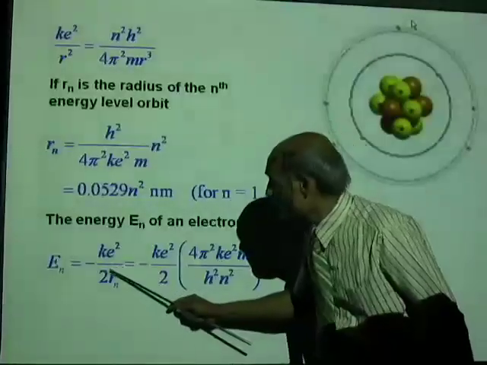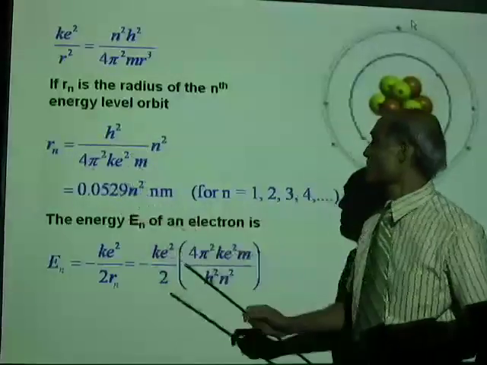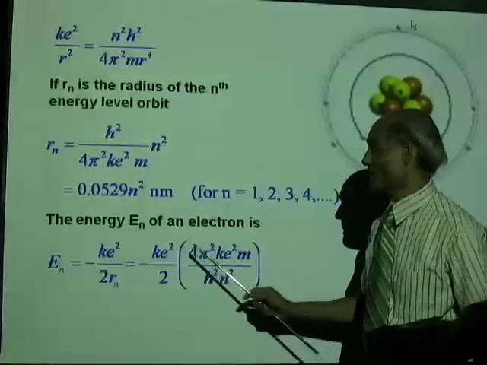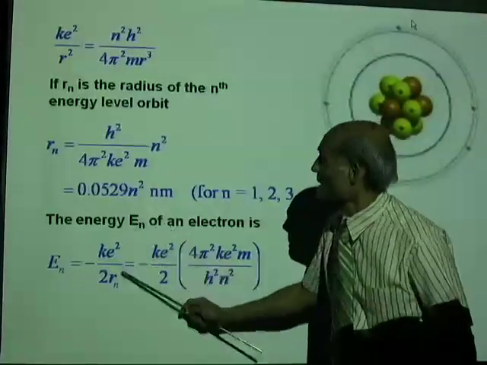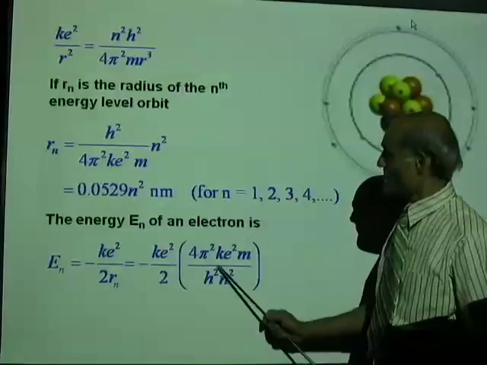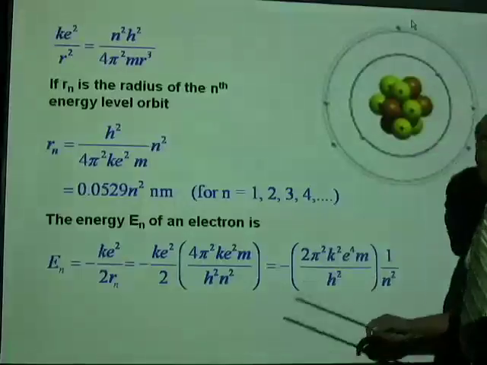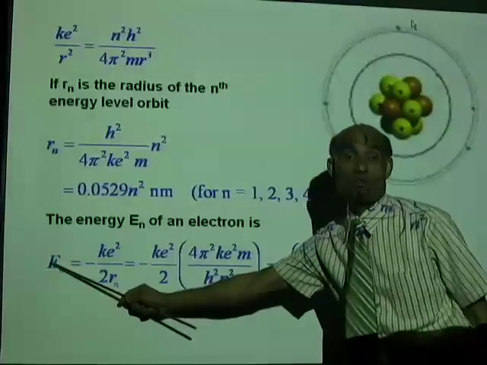Now, if you replace this Rn by the value of Rn that we calculated, it becomes k e squared over 2, and Rn in the denominator became this quantity. Simplify that, and you get the energy of an electron, a very important quantity.